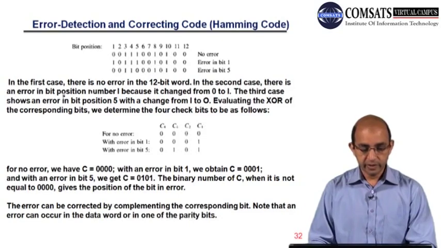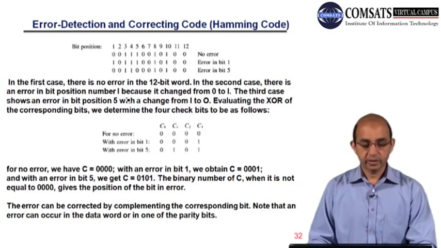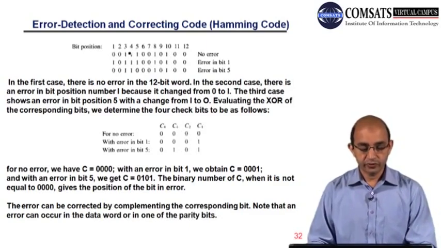You can see that we are detecting the error, and we also have the position of the error. Wherever we have the error, we take the complement. For bit 1, we convert this 1 to 0. For bit 5, this is 0, so we convert it to 1.